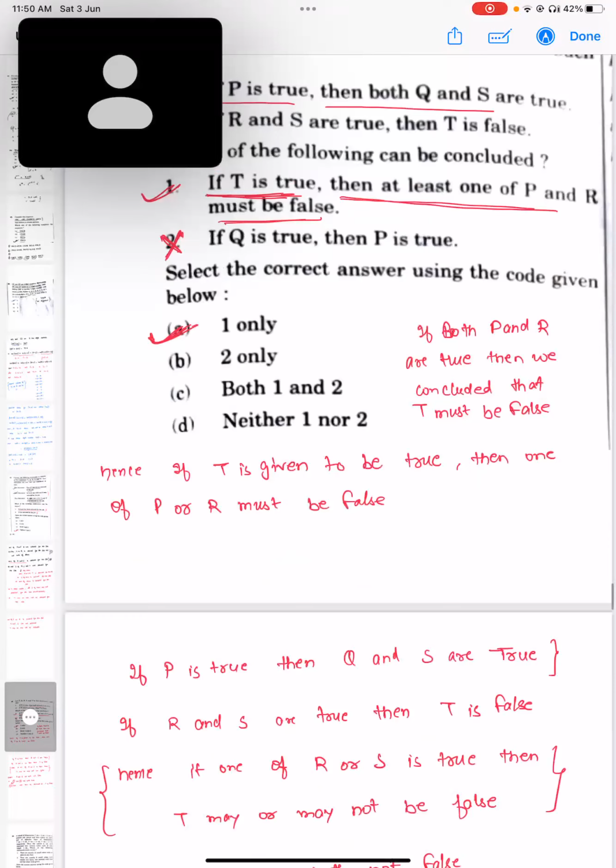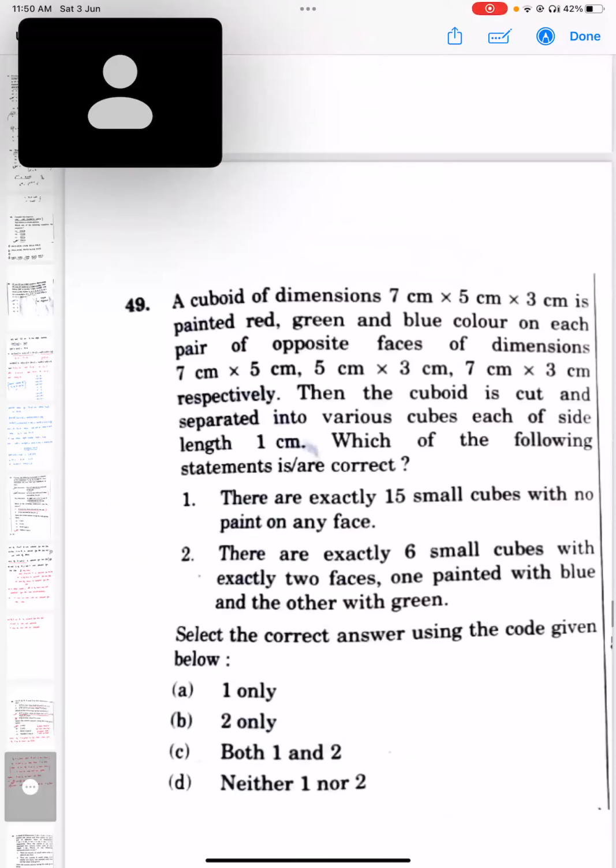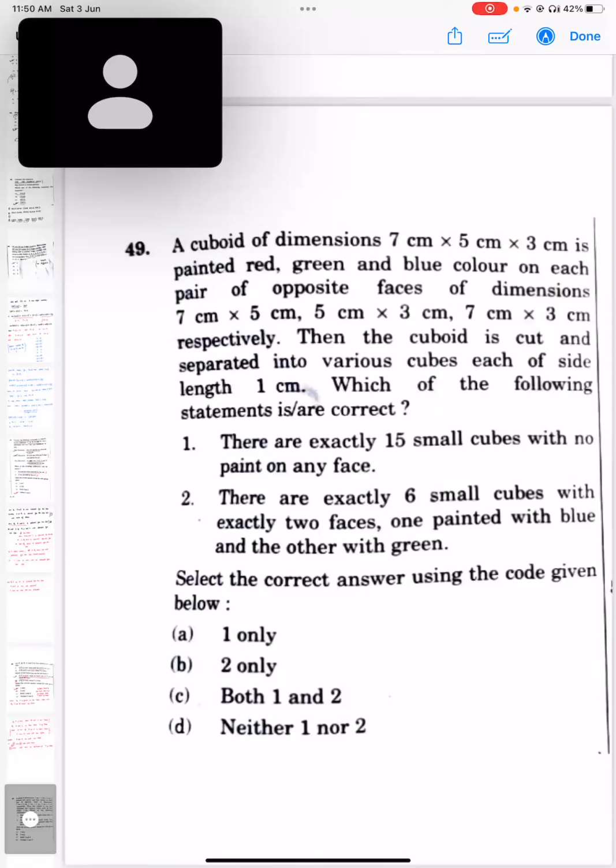Okay. Question number 49. A cuboid of dimension 7 centimeter, 5 centimeter, and 3 centimeter is painted red, green, and blue on each pair of opposite faces of dimension 7 centimeter cross 5 centimeter, 5 centimeter cross 3 centimeter, and 7 centimeter cross 3 centimeter.